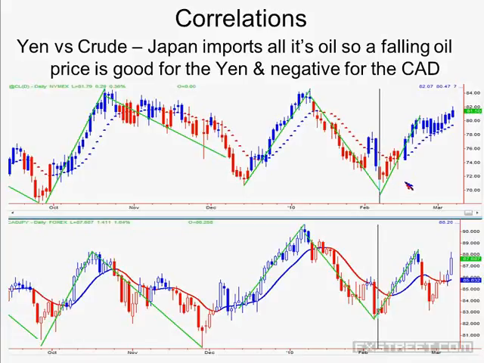But let's just look at one or two influences first of all, and that's where I'm coming in here with correlations. Now, all markets are interlinked in some way. Some have a very direct linkage, others are pretty tenuous, but the markets that we're interested in, currencies, are influenced by all sorts of things.